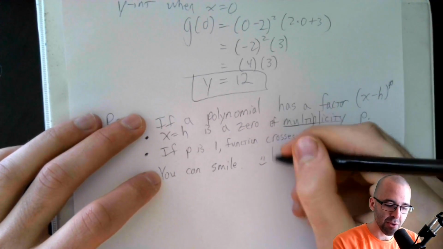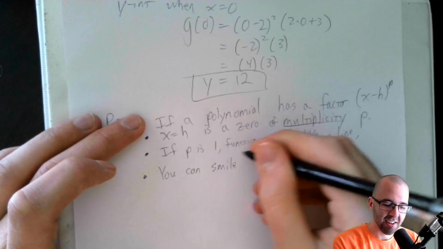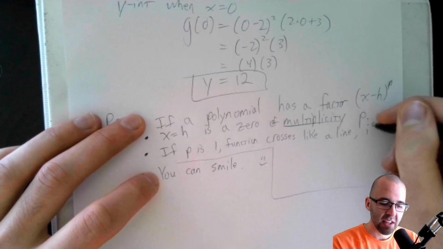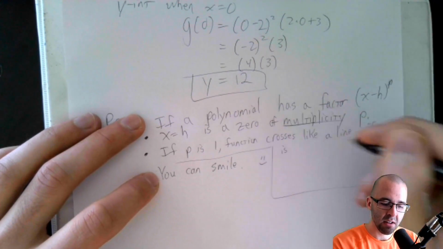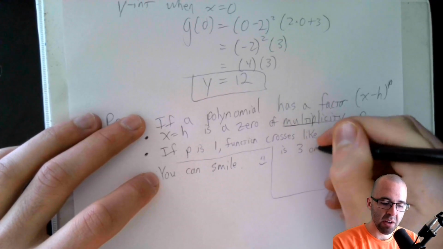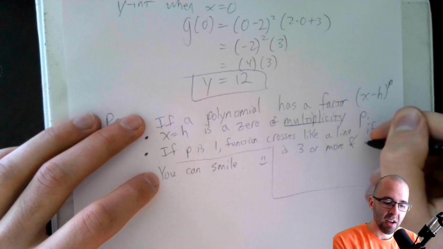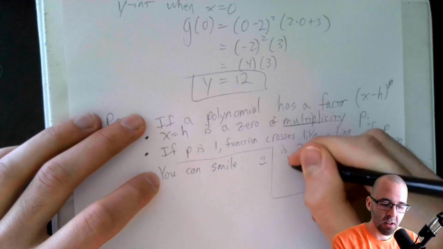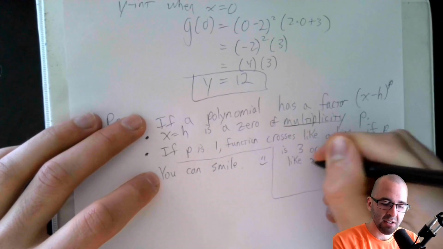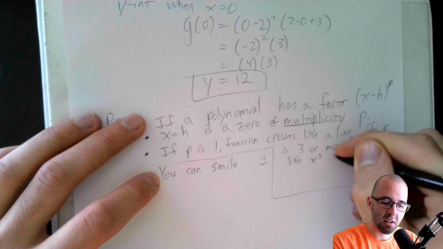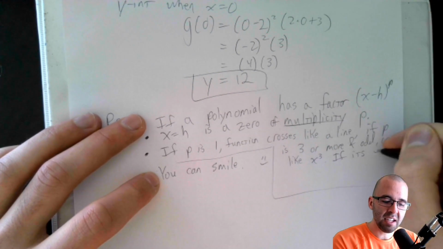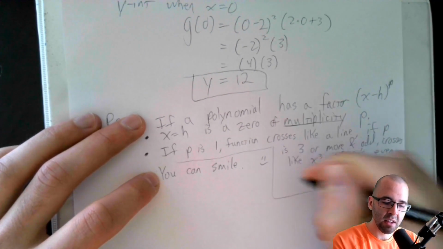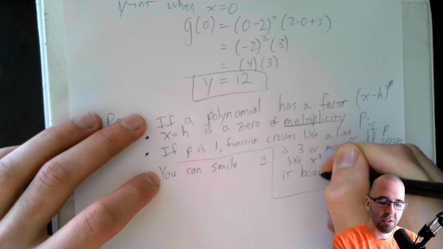If p is odd, 3 or more, it crosses like x cubed. If it's even, it bounces off.